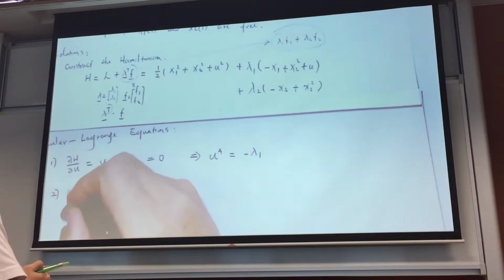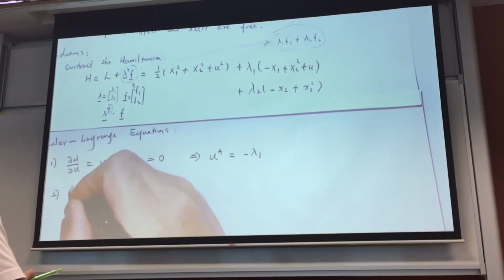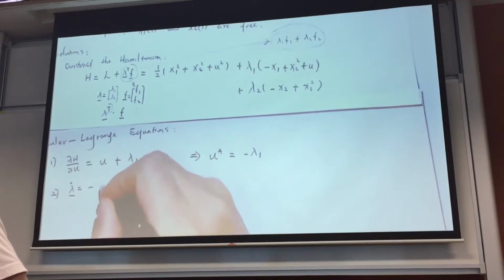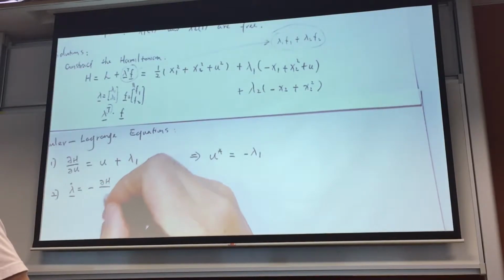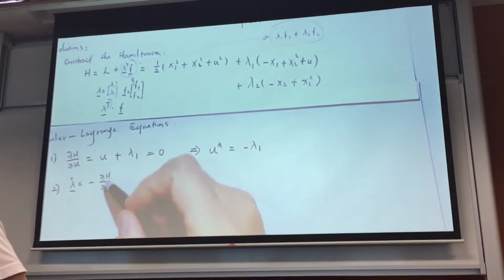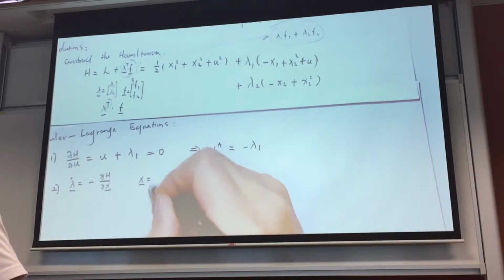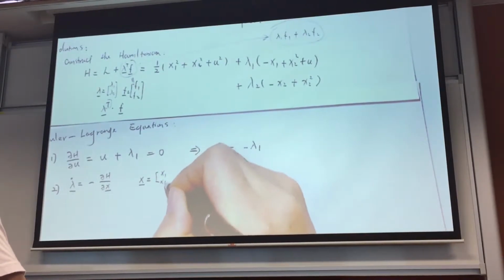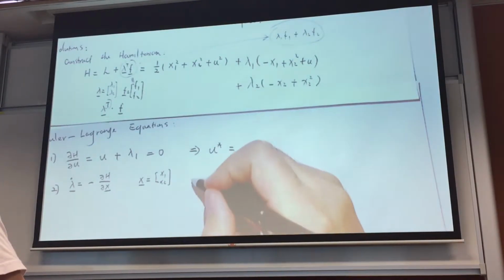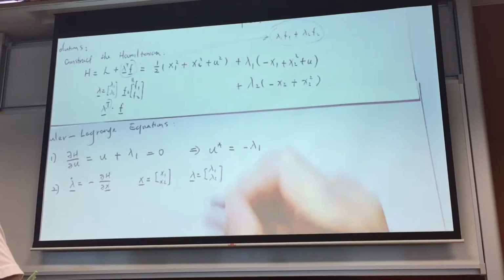So remember our second set of equations is lambda dot equal to minus dH/dx. Here x equals x1, x2, and lambda equals lambda 1, lambda 2.